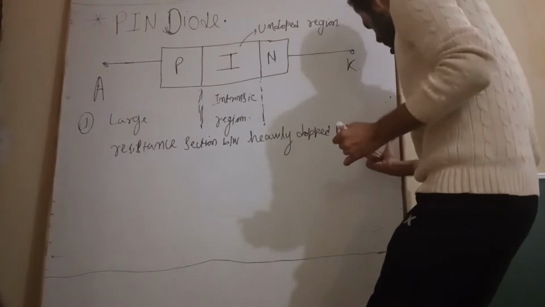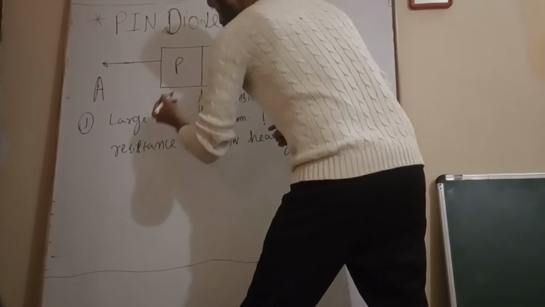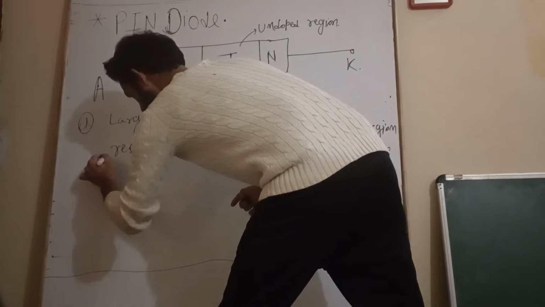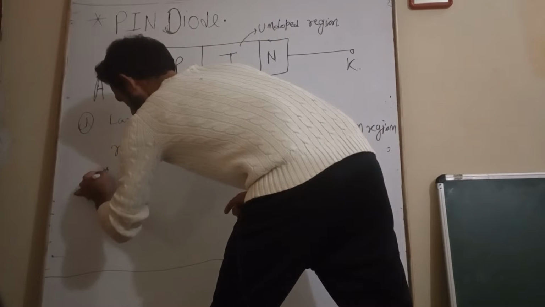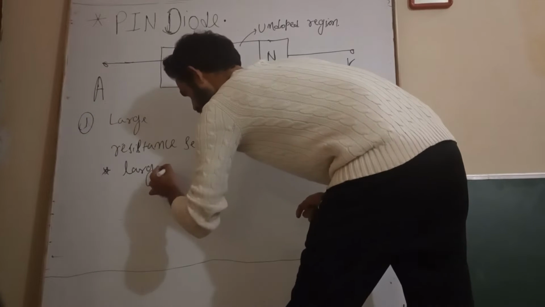Once it provides large resistance, it provides a large electric field, which means there is a large electric flux, or field lines.